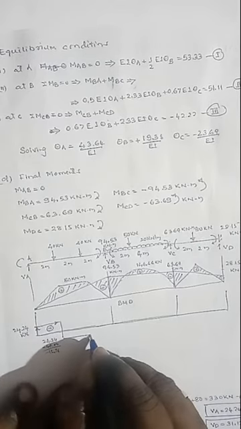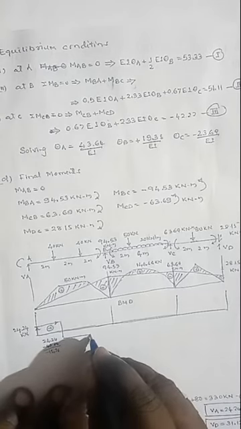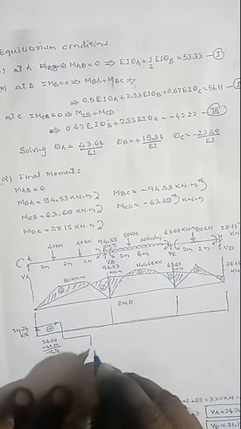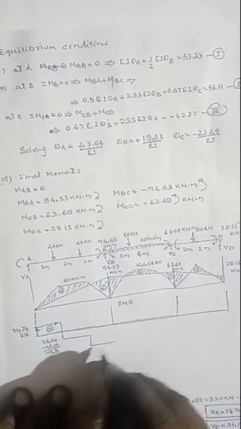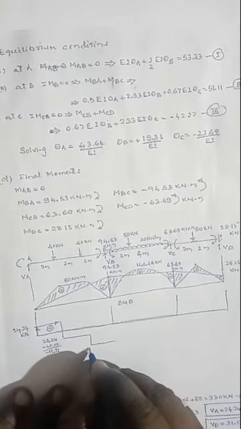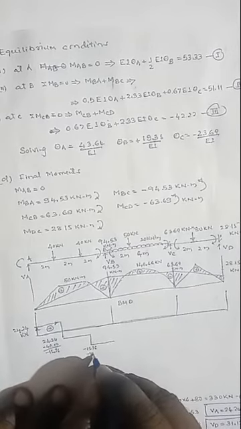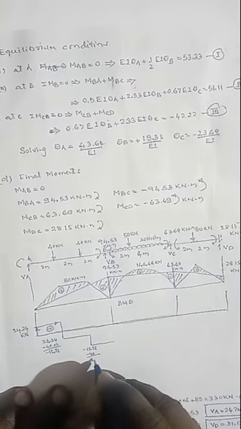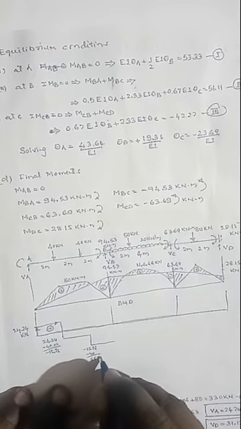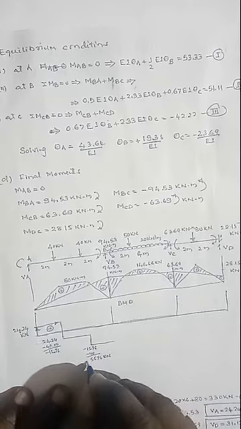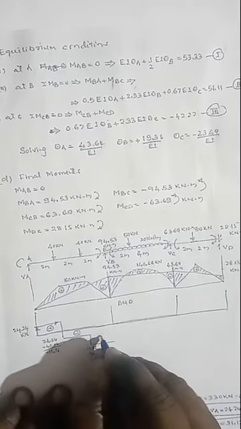Again there is a point load of 40, so 15.76 minus 40 is minus 55.76 kilonewton, that is negative. Here the shear force is negative.